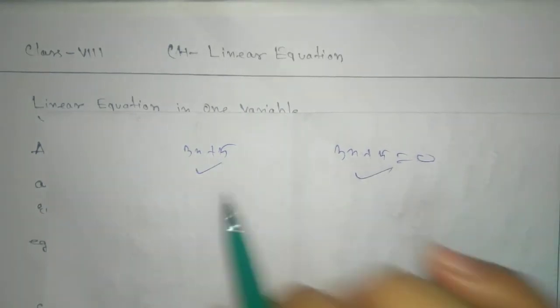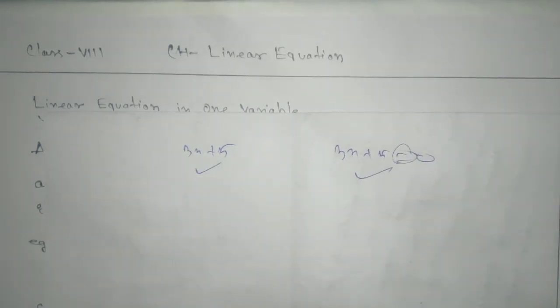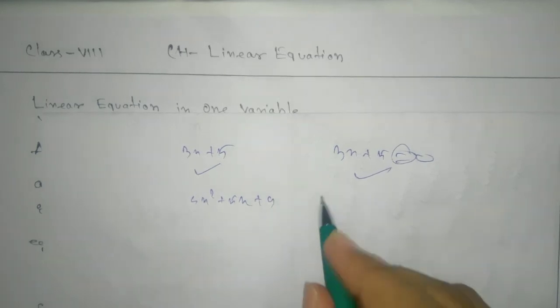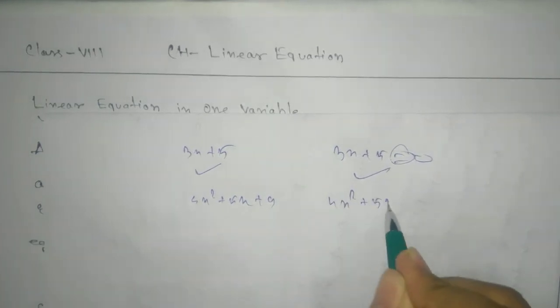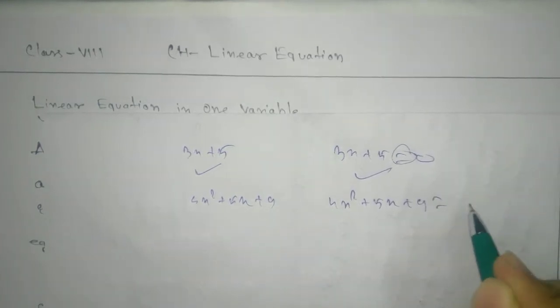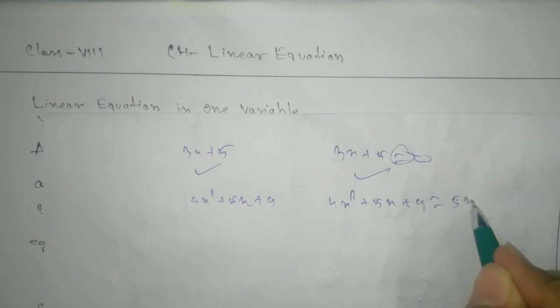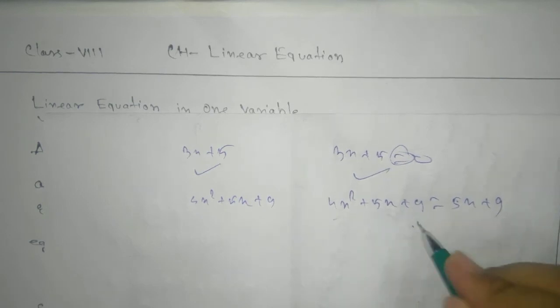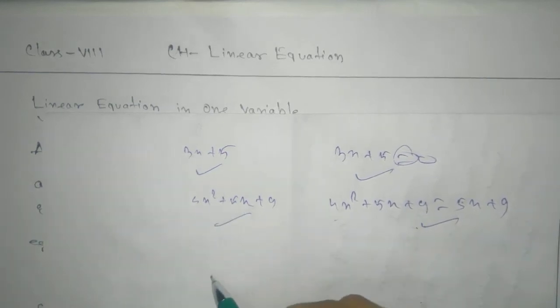The difference between these two is the equals 0. Similarly 4x square plus 5x plus 9, and if I write 4x square plus 5x plus 9 equals 0, then this is your equation and the other is your expression.